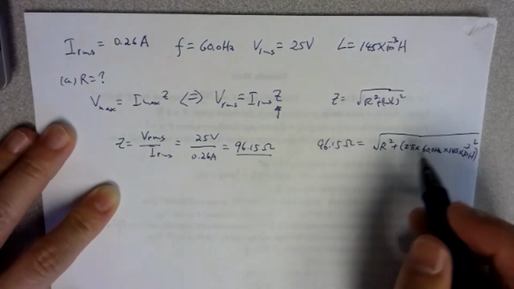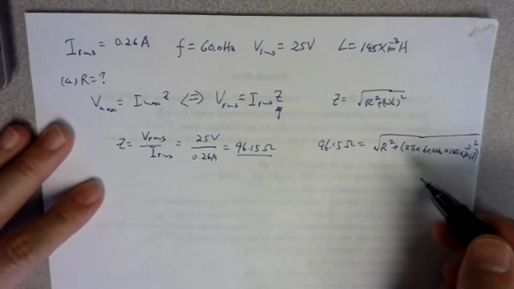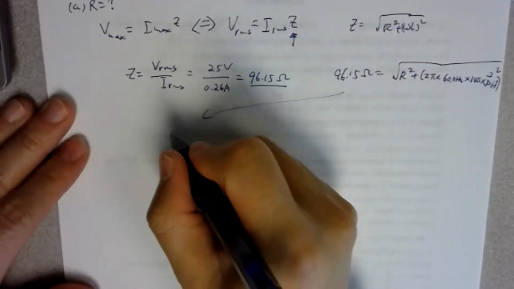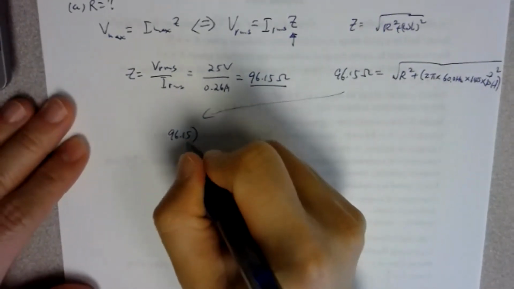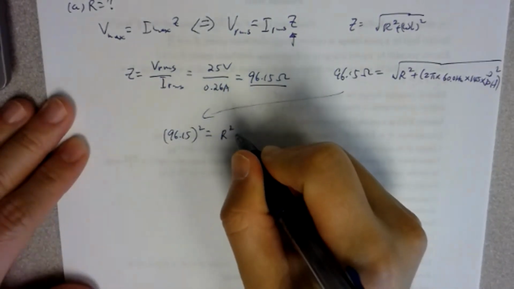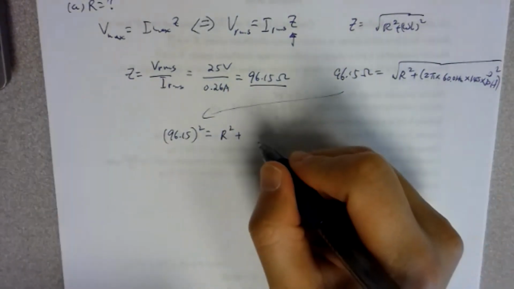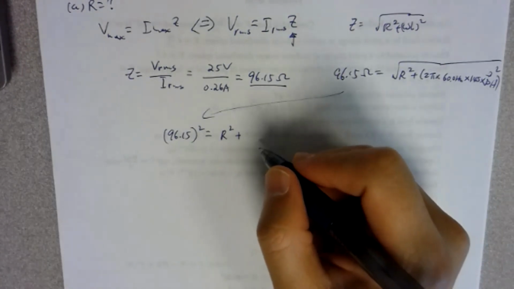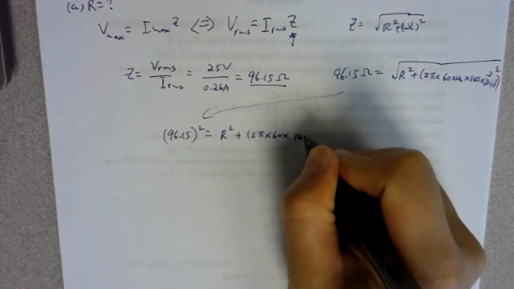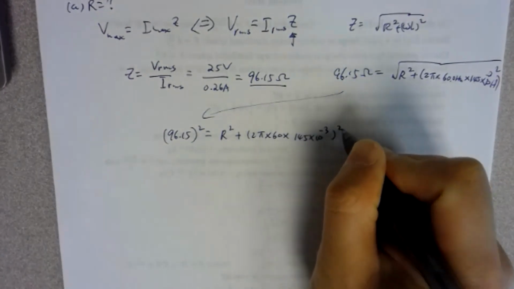So then we'll square both sides of the equation. So 96.15 squared. Let's skip the units for now and have everything else in SI units, okay? So plus 2 pi times 60 times 145 times 10 to the minus 3, and then that squared.